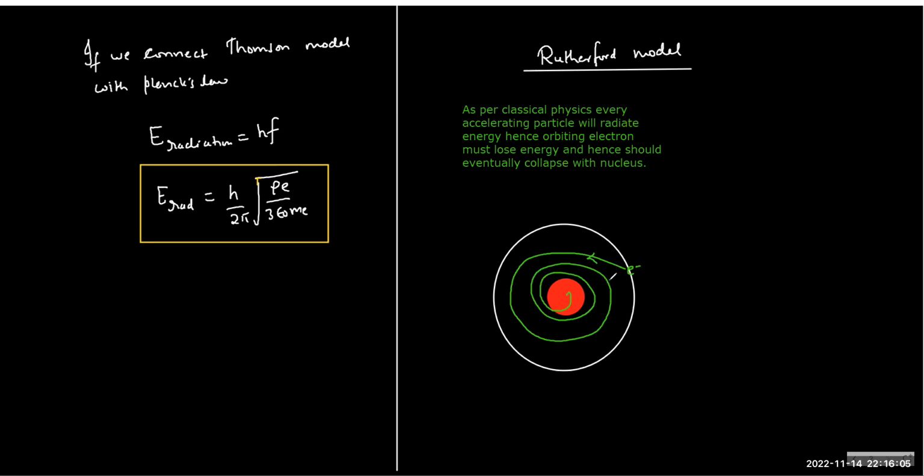So the Rutherford model of atom was rejected on this ground, because of the way classical theory explains the energy relation. That is why we came across Bohr's model.